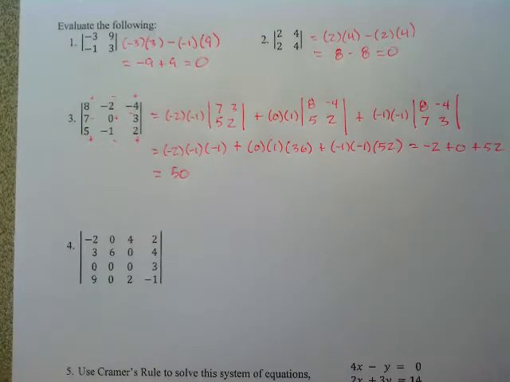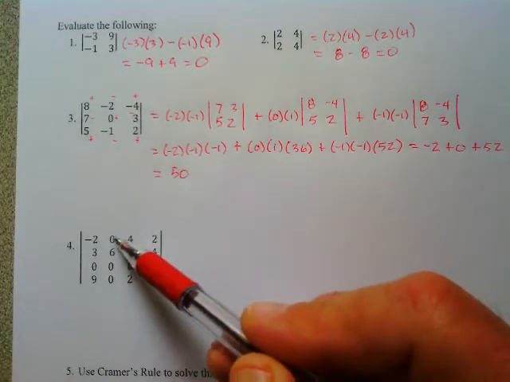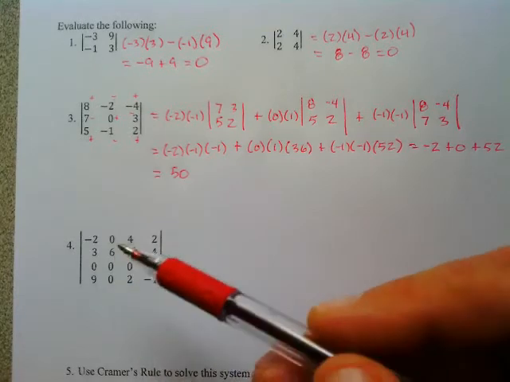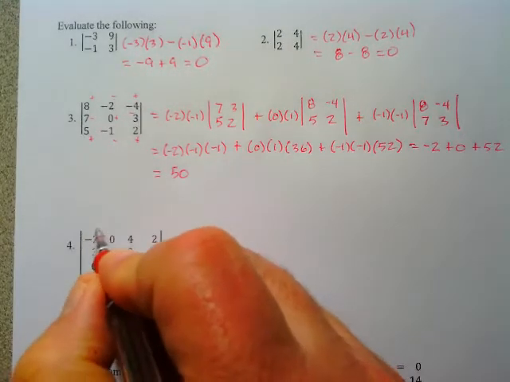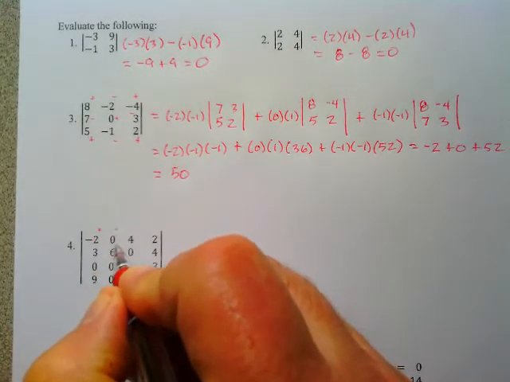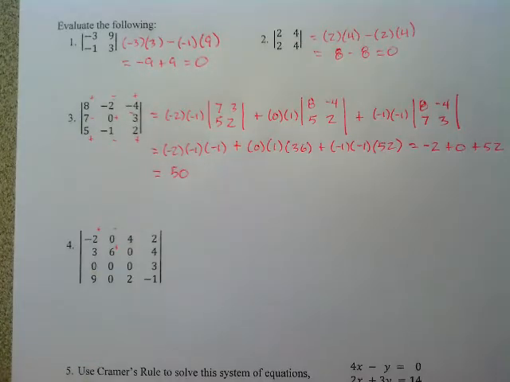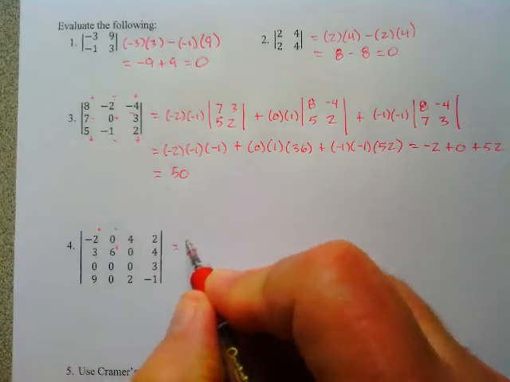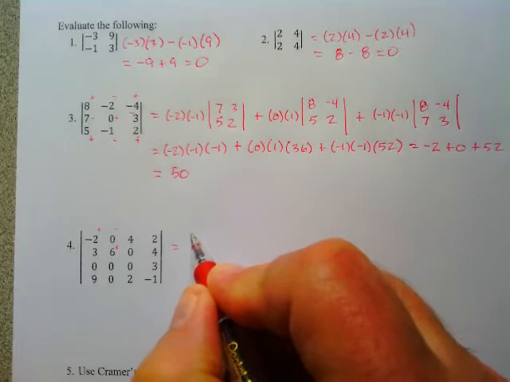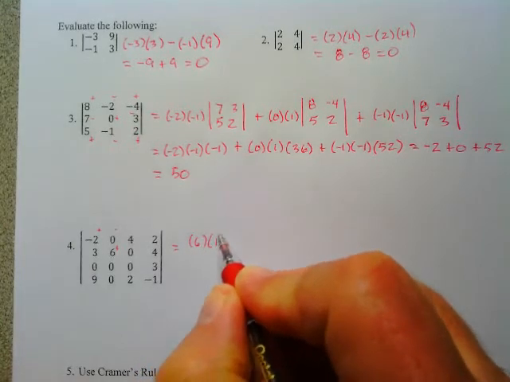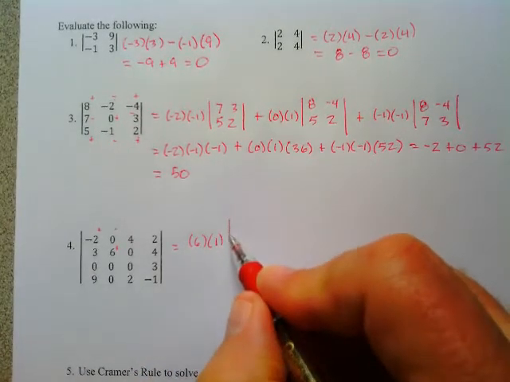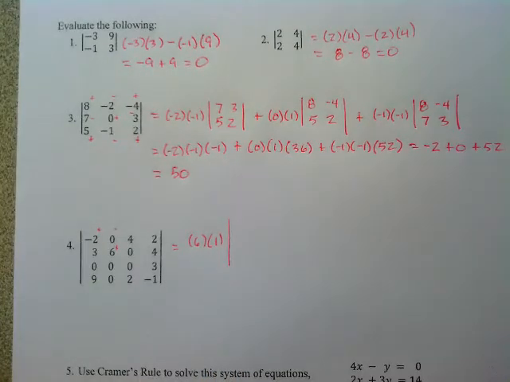That's the only one that I would need to do because that would give me 0, that would give me 0, that would give me 0. Also considering my plus minus, that would be back to plus. So that's going to equal a 6 times a 1, and then I need the 9 elements that are not in the rows or columns of the 6.